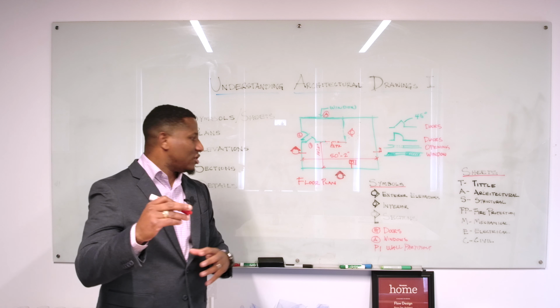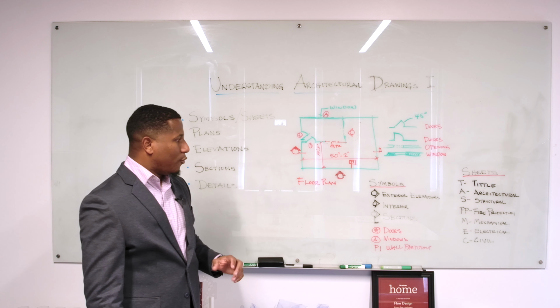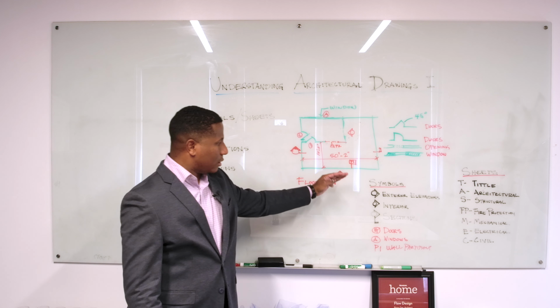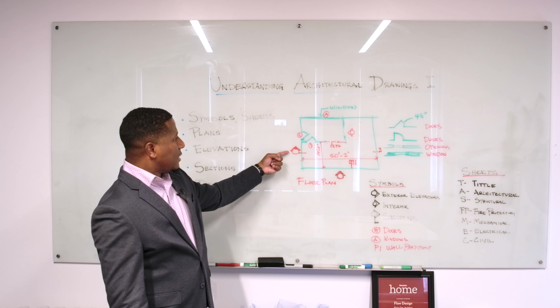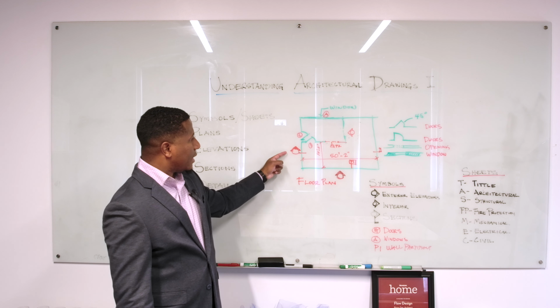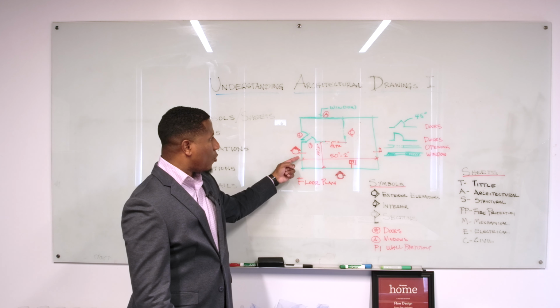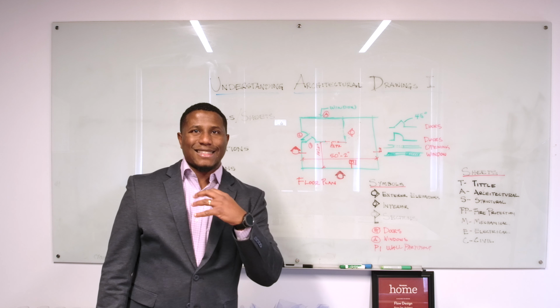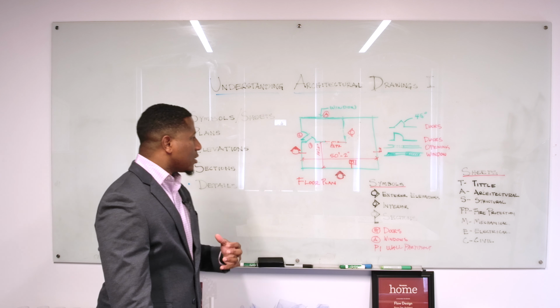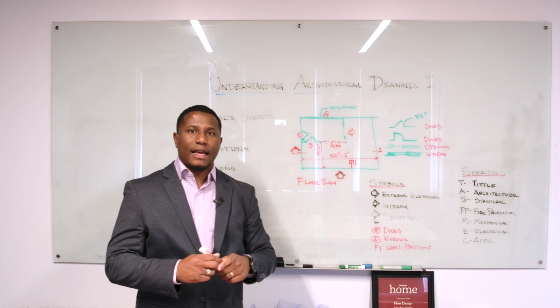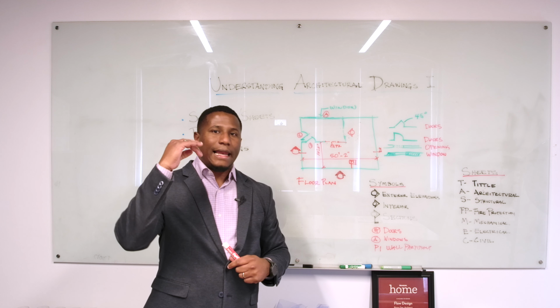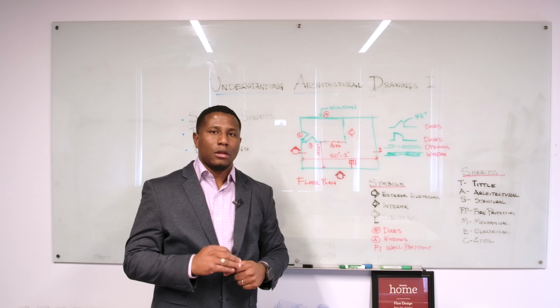What does this mean? If we look back at our symbology, this symbol with the shaded line going across from one point to the other is called a section. The importance of the section is so you understand the level changes within a building.